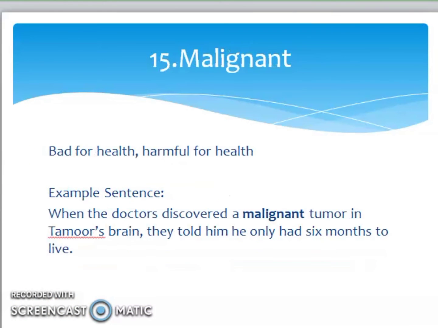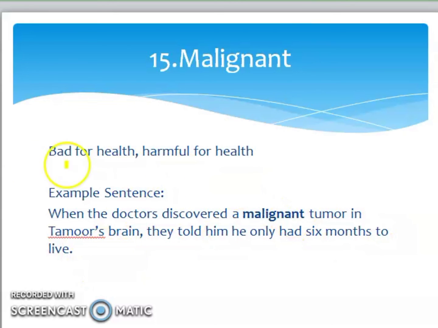Now the last word is malignant. Bad for health, harmful for health. Example: when the doctors discovered a malignant tumor in Timur's brain, they told him he only had 6 months to live.